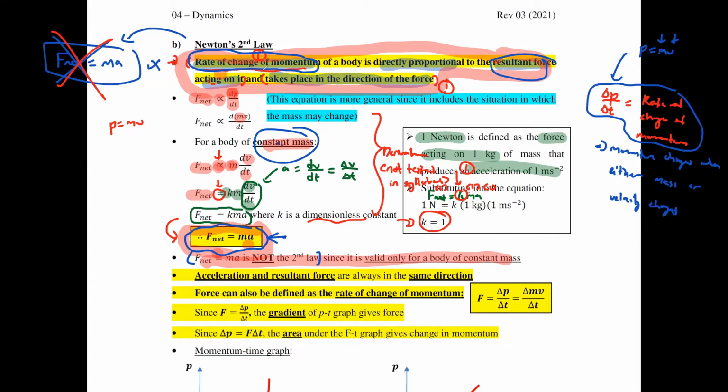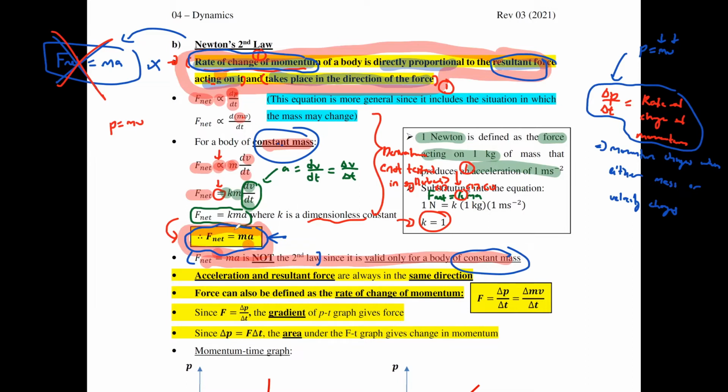Newton's second law, which talks about rate of change of momentum, considers change in momentum due to mass change and also change in momentum due to velocity change. F net equals ma only considered velocity change with mass being constant. There's still another case that is not taken into account. That's why I say F net equals ma is actually just part of Newton's second law. It's an effect of Newton's second law.